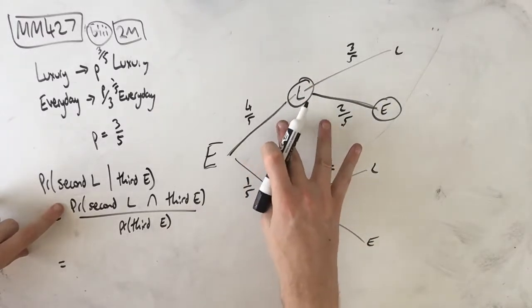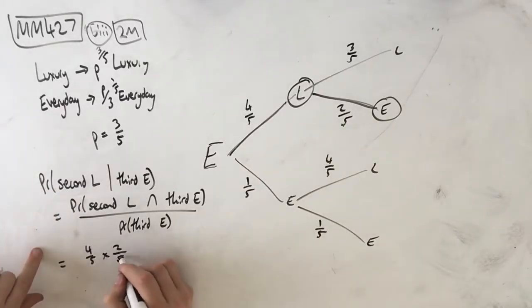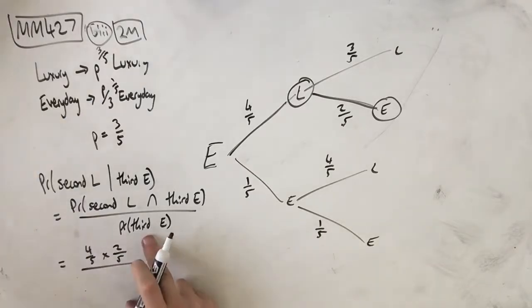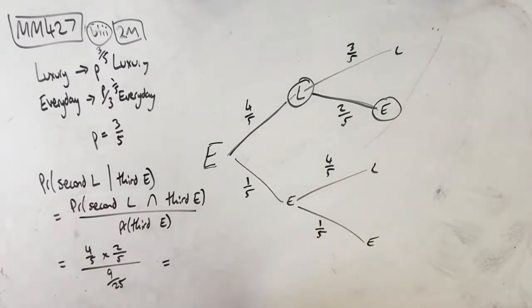So the intersection between those two is those probabilities multiplied together: 4 on 5 times 2 on 5, over the probability that the third car was an everyday car, which we figured out to be 9 on 25 in part BI. So it's 9 on 25.